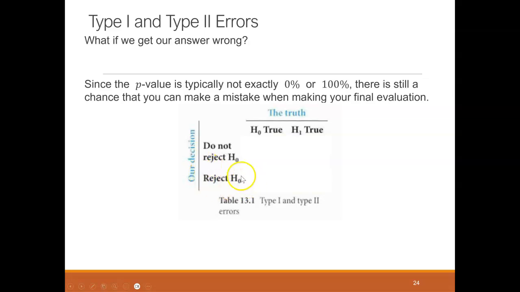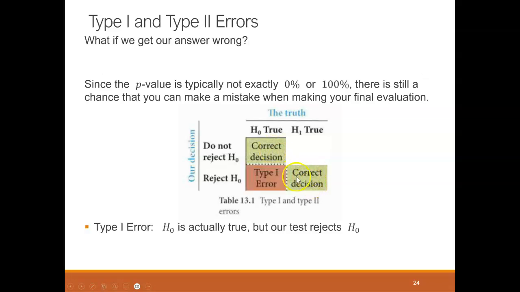If we rejected the null and the alternative was true, that's a good result. That's exactly what was supposed to happen. But what happens if we didn't reject the null, but really the alternative was true? Or we did reject the null, but the null was actually the true one. We had correct decisions here. When we reject the null, but it was actually true, that's a type 1 error.